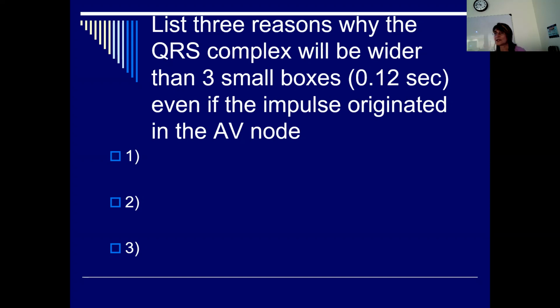So when there's an ectopic focus initiating an impulse, that's going to cause the QRS to be wide. The QRS normally starts from the AV node and spreads through the right and left bundle branches and the Purkinje fibers, and you get a really nice looking QRS.